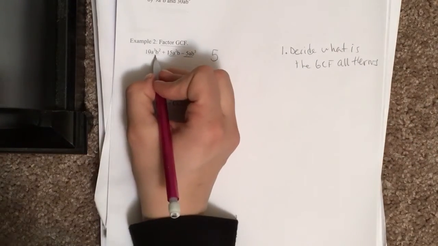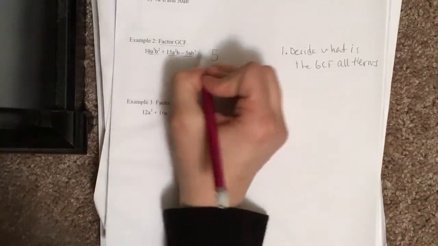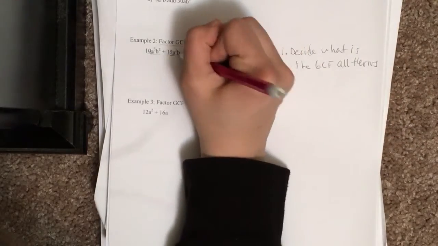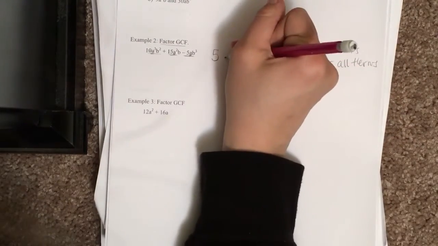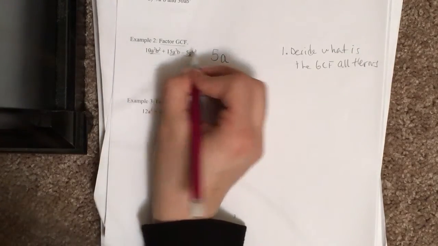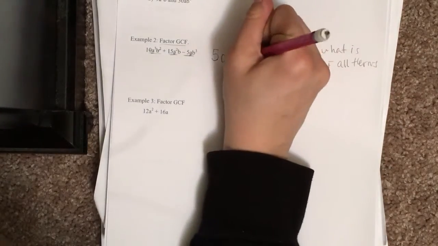Then I see there are 3 a's for this term, 2 a's for this term, and 1 a for this term. Therefore, the greatest common factor between these 3 is going to be a. Then there's a b squared here, a b here, and a b cubed here. The least amount they have in common is just a single b.